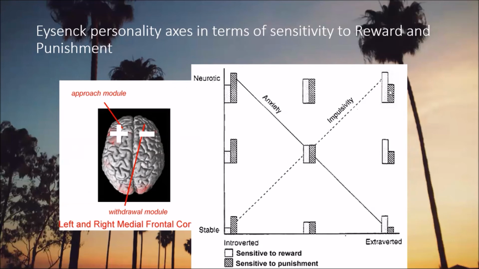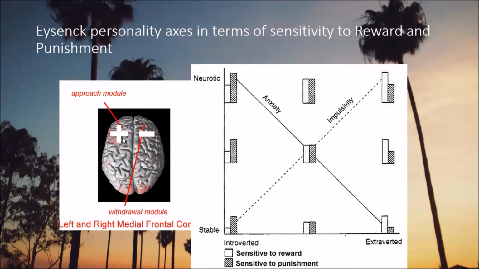If you're more sensitive to reward, you're more impulsive. If you're more sensitive to reward and not very sensitive to punishment at all, that's the more extroverted profile. And the converse is the introverted profile, where you're more sensitive to punishment, so you hardly act out, hardly do anything.